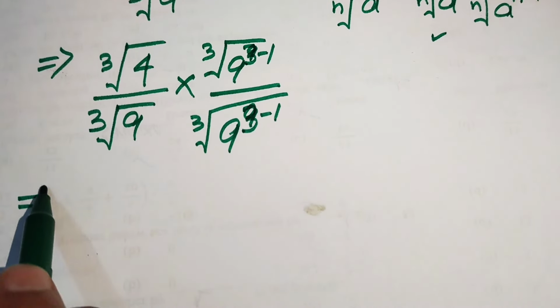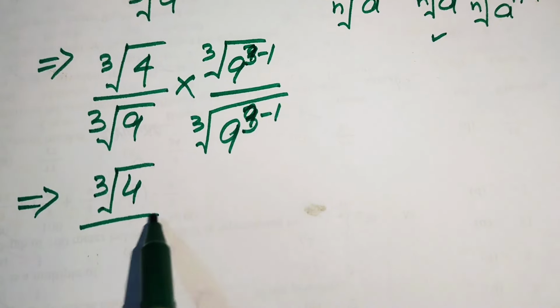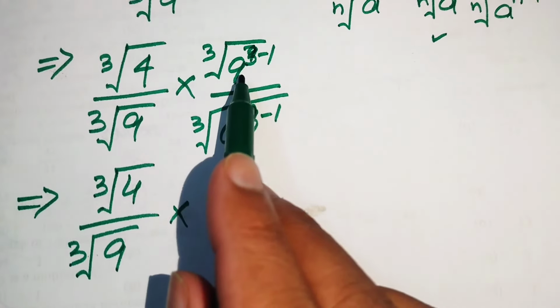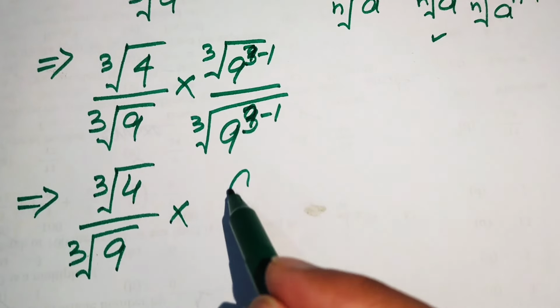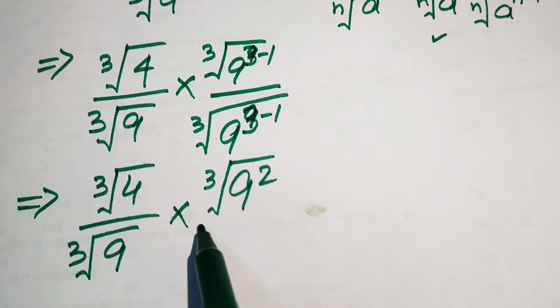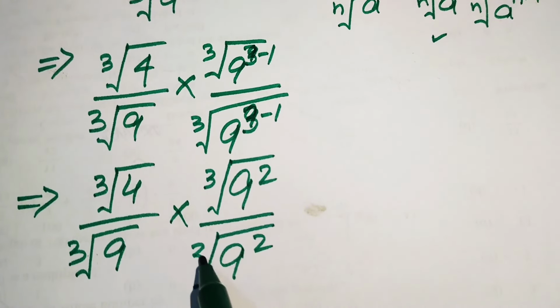So here we need some simplification, and we write it as the cube root of 4 divided by the cube root of 9, multiplied by 9 to the power of 3 minus 1, which equals the cube root of 9 squared, divided by the cube root of 9 squared.